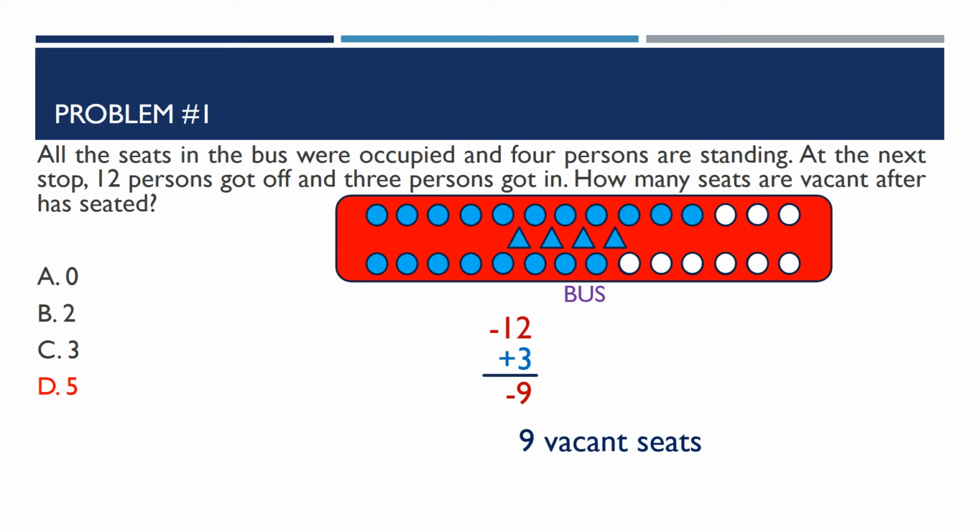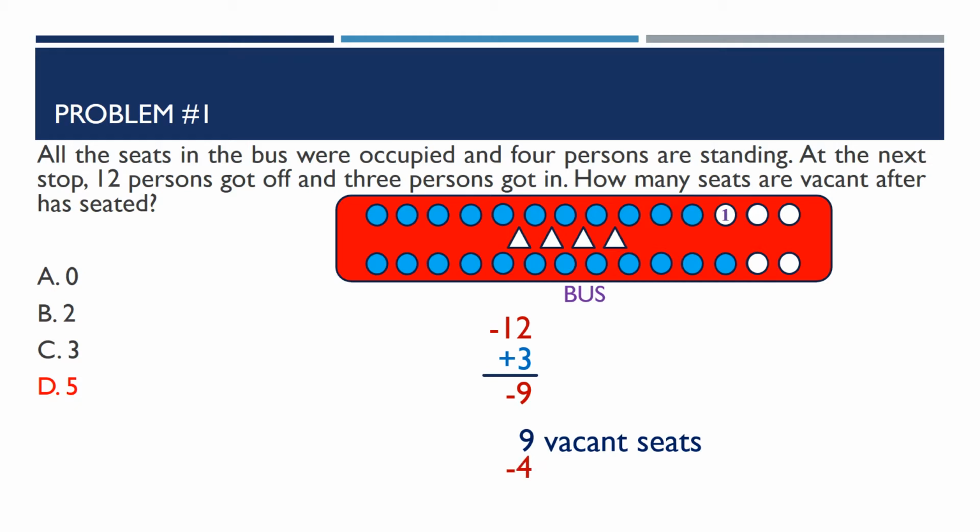And then remember that we have 4 persons standing, and these 4 persons will not just keep on standing, although they know that there are vacant seats. Of course they will take some seats, and they will take 4 vacant seats, so we have minus 4 of the 9 vacant seats.